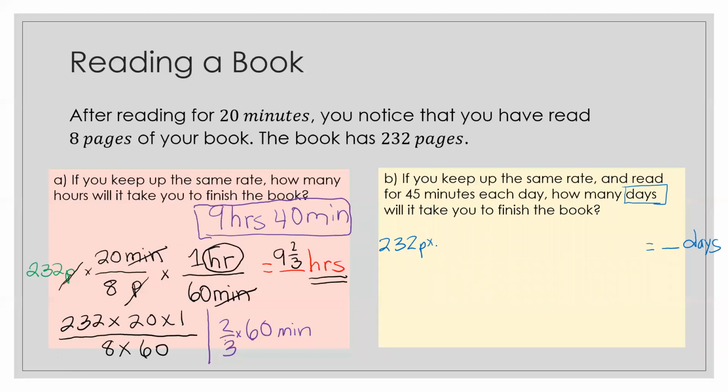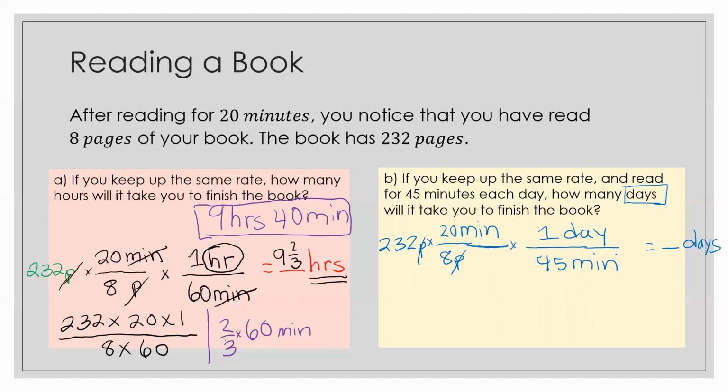All right, so here we go. What about pages? We know 8 pages and 20 minutes, right? So we have pages divided by pages. We are now in minutes. And what about minutes? I am reading 45 minutes in one day.